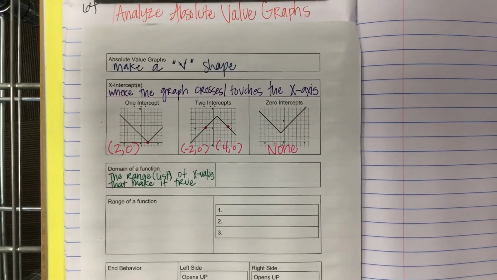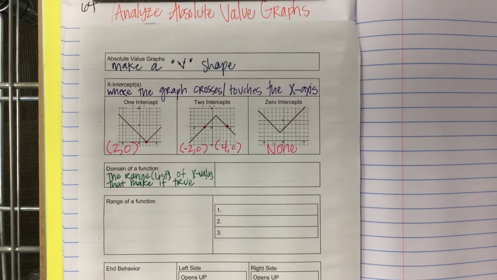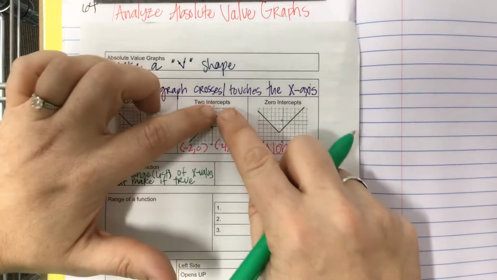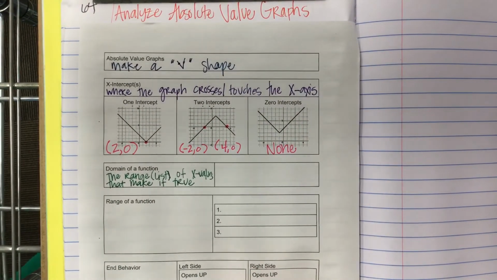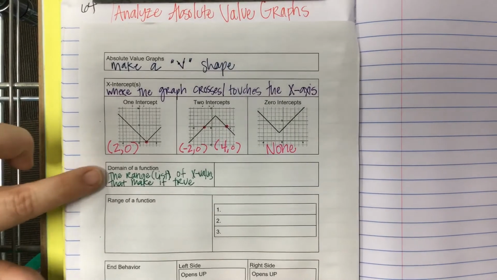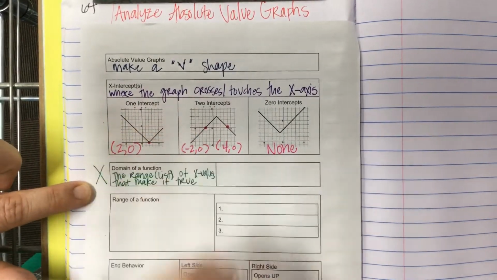So they're all of the x numbers that work. So like what numbers could I substitute in and get an answer? What x values could I substitute into the formula and get an answer out? The x values, domain is x.